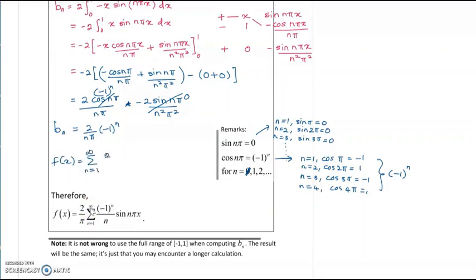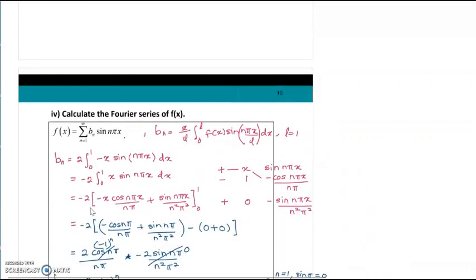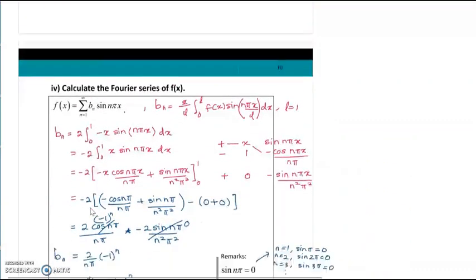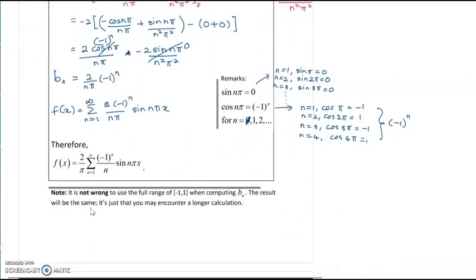So bn is 2 times -1 to the power of n over n pi, times sine n pi x. In general, it is sine n pi x over L, but since our L is 1, we have sine n pi x only.